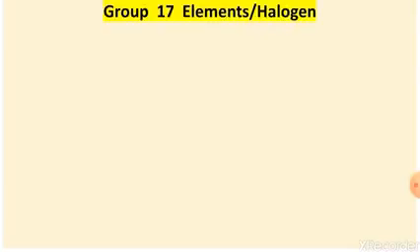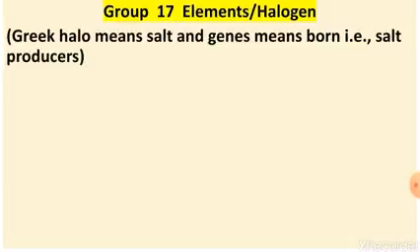So now dear students, first of all we have to introduce group 17 elements. Group 17 elements are also known as halogens. Here the Greek halo means salt and gens means born, that is maker. So that's why they are salt producers and hence named halogens.